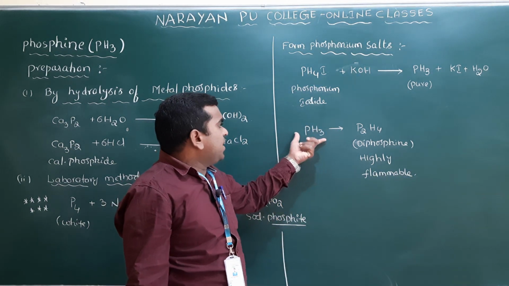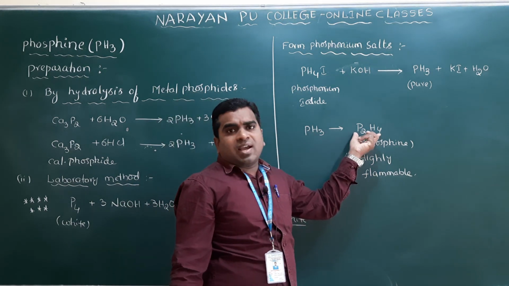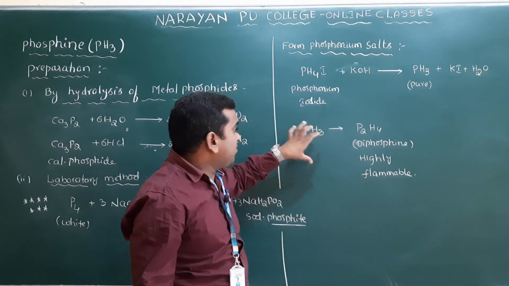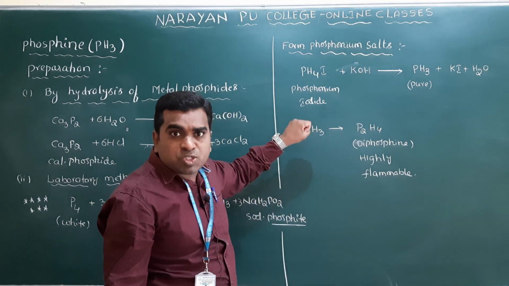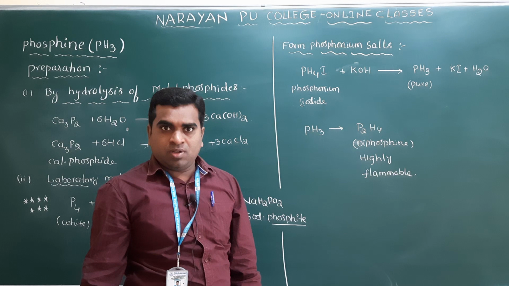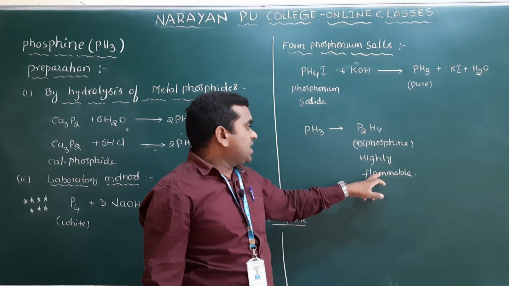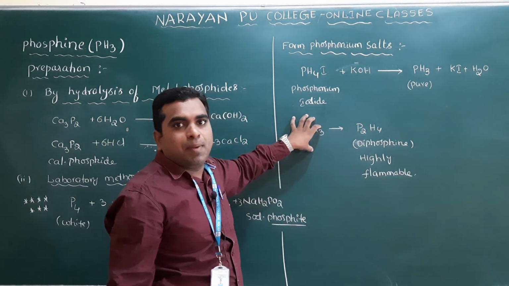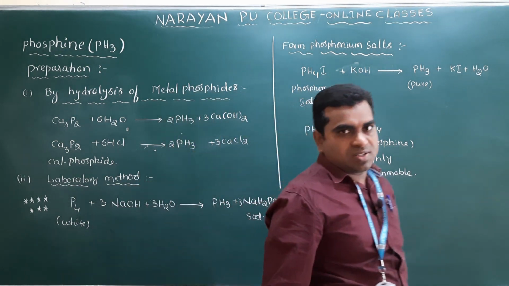So if PH3 is contaminated with diphosphine, this phosphine catches fire in the air. Why? Because P2H4 is highly flammable. So that's why PH3 also burns.